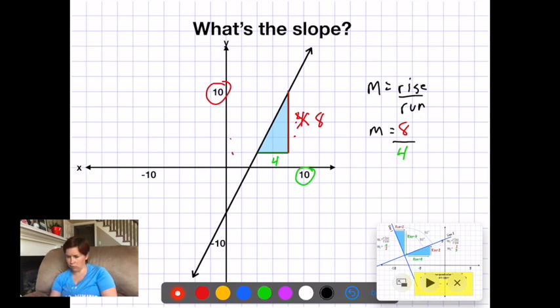Okay, so we reduce to 2 over 1. That's good, right? No, that's not good. Why isn't that good? Oh, I can divide by 1? Okay, so my slope is just 2. Slopes don't have to be fractions. If they're integers, make them integers. But if they're not integers, don't convert to a decimal, just leave it as a fraction. Okay? All right, so that slope ends up being 2.